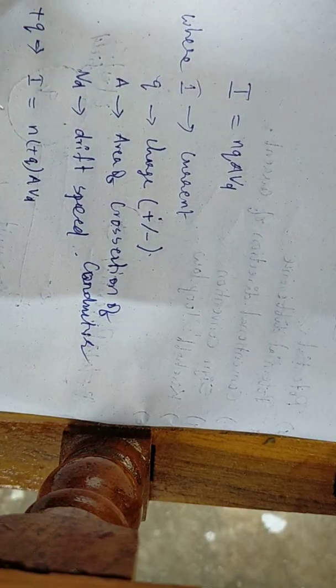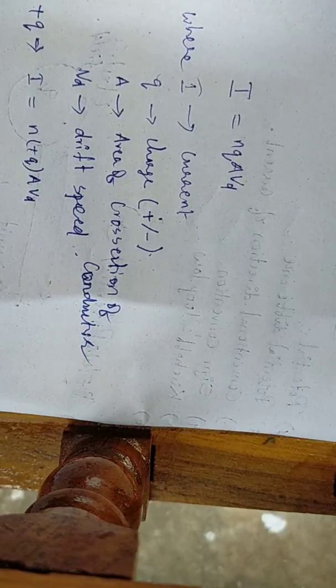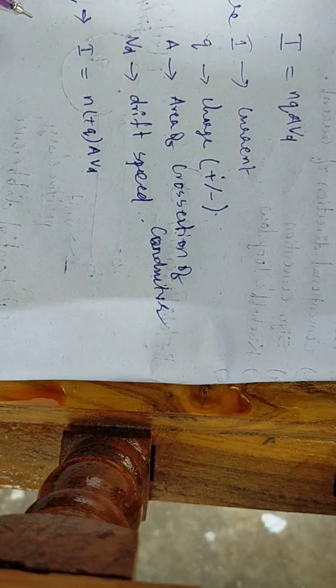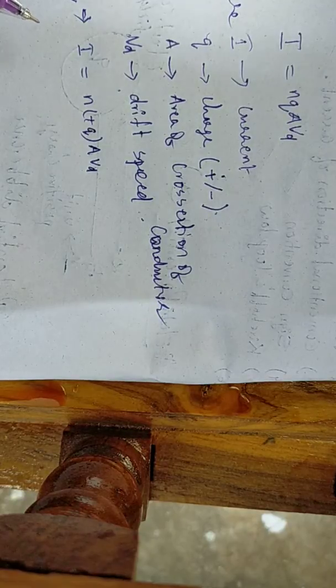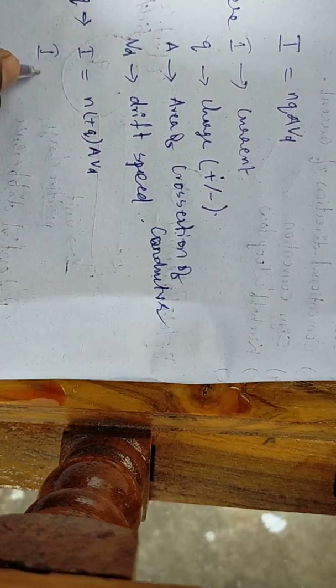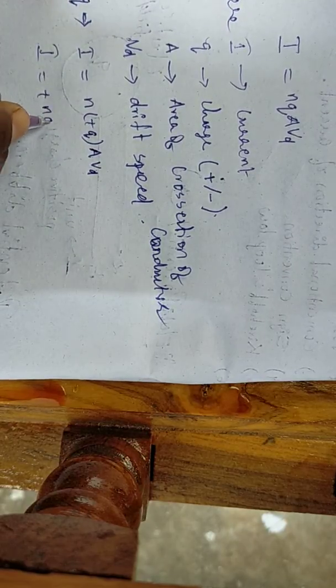So the direction of current will not depend on number of charges N and area of cross section A. It will depend on the charge, type of charge Q, and the sign convention for the speed of the charges. Okay, so you are getting here I equal to plus NQAVD.